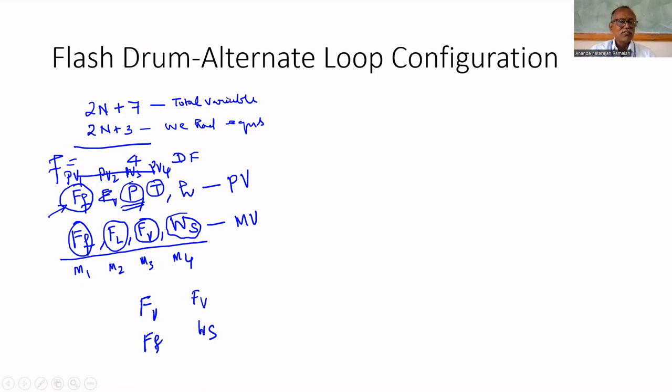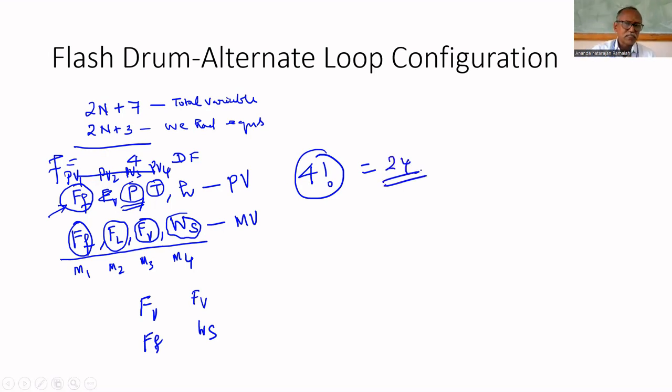That's why we have to see which will be the best combination. How many combinations are there? That is equal to 4 factorial, 4 variables and 4 manipulated variables. Therefore, 4 factorial equals 24.